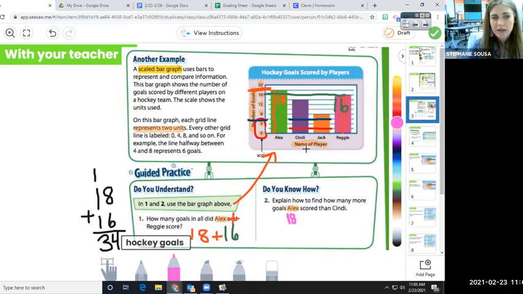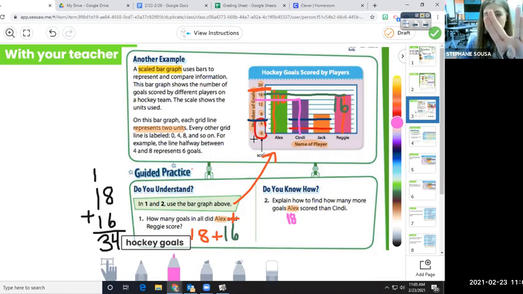Okay, so we're going to take a look at Cindy's graph. Here's Cindy. We're going to follow her graph up to her top line, and I'm going to trace it over. It's between 12 and 16. We're counting by fours. I know that half of 4 is 2.